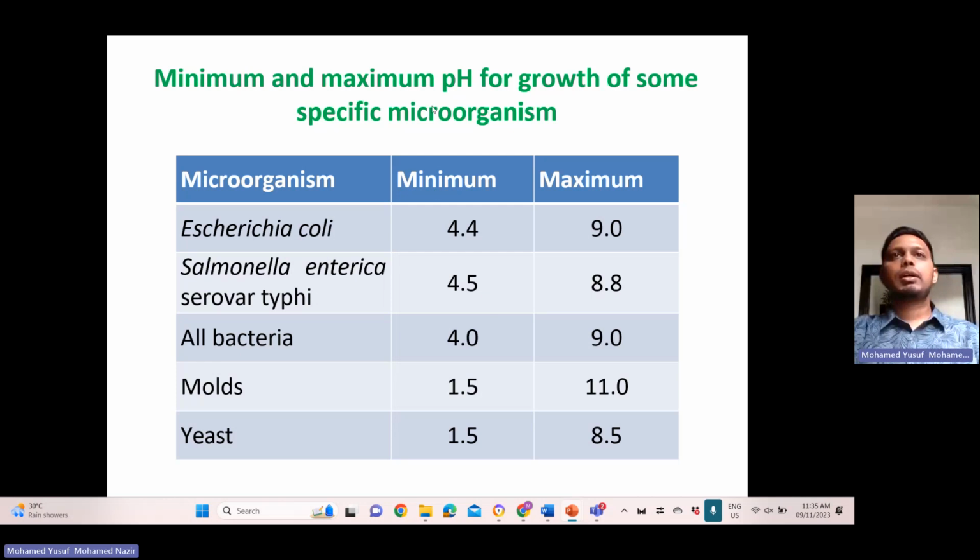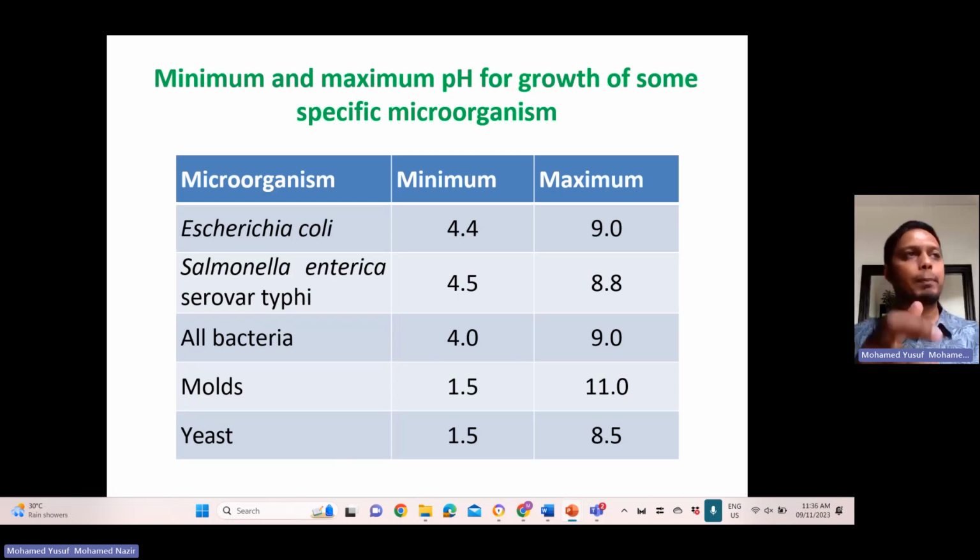So these are the minimum and maximum pH for growth of some specific microorganisms. Normally bacteria grow around pH 4 to 9. But yeast and mold have a wider ability to grow, a wider pH range.